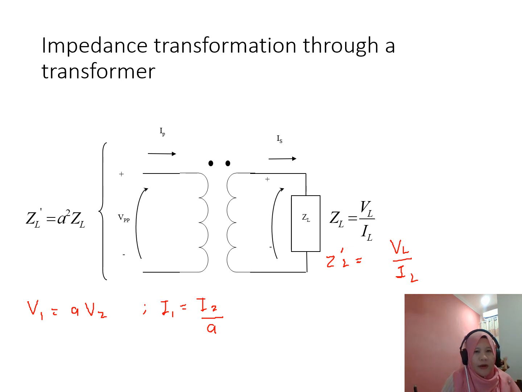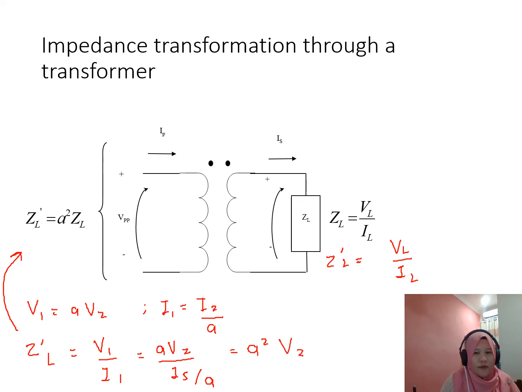Therefore, the apparent impedance Z prime load at the primary side is equal to V primary divided by I primary, which is equal to A V secondary divided by I secondary over A, and this is equal to A squared V secondary over I secondary.